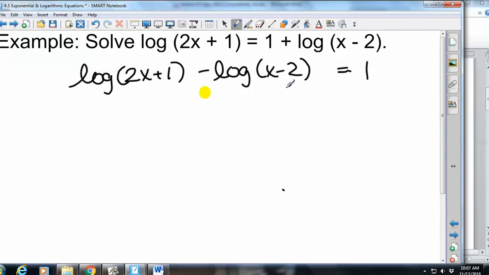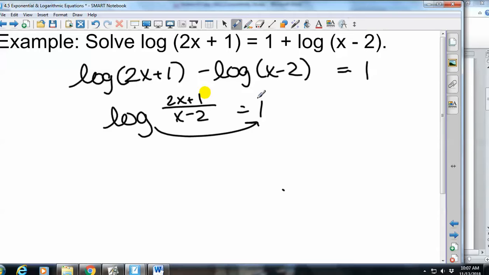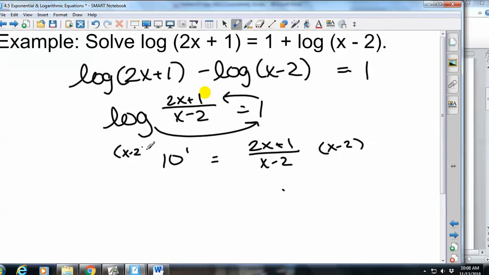Now you have two logs being subtracted, so you can combine it. You write the log one time and divide their arguments. Now what? Your base is 10, so 10 to the first equals (2x plus 1) over (x minus 2). So I'm going to multiply my denominator.